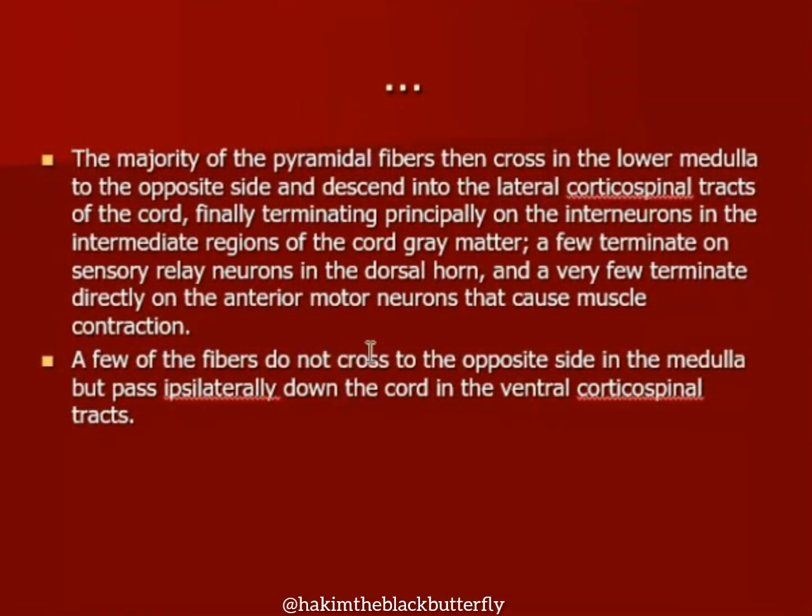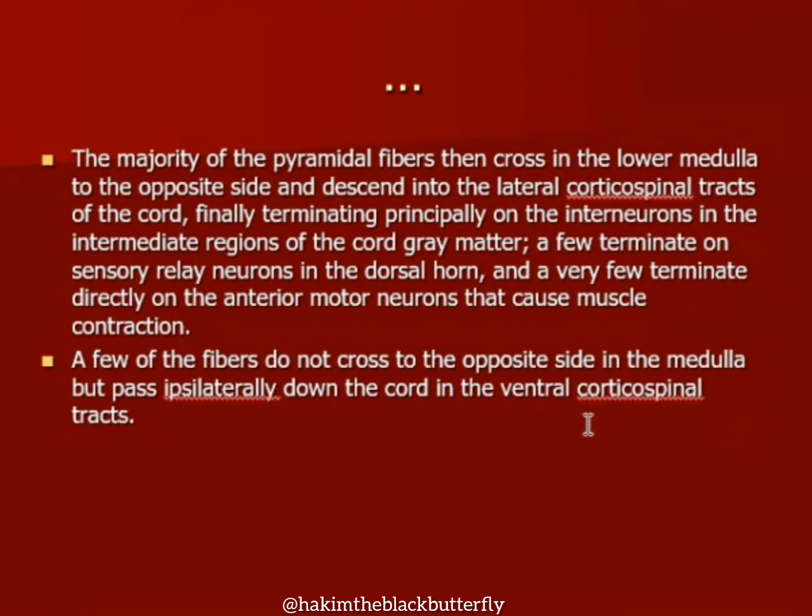And these notes are talking about the exact thing I've been talking about. The majority cross to the opposite side at the level of the medulla, and they descend as the lateral corticospinal tract. A few do not cross, they remain on the same side, and they move down as the anterior corticospinal tract to the spinal cord.